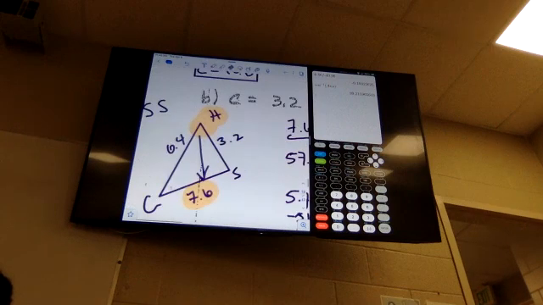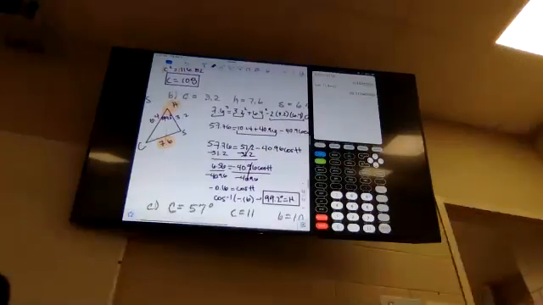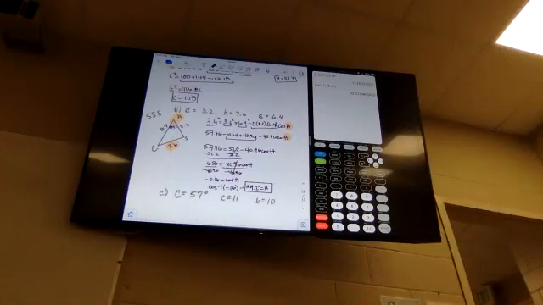99.2 is little h. Okay. Now, again, you can do law of cosines again to find one of the other missing angles. I'm going to do law of sines because it's quicker, and then I'm going to minus from 180, and then we'll be done with this problem. Any questions so far?